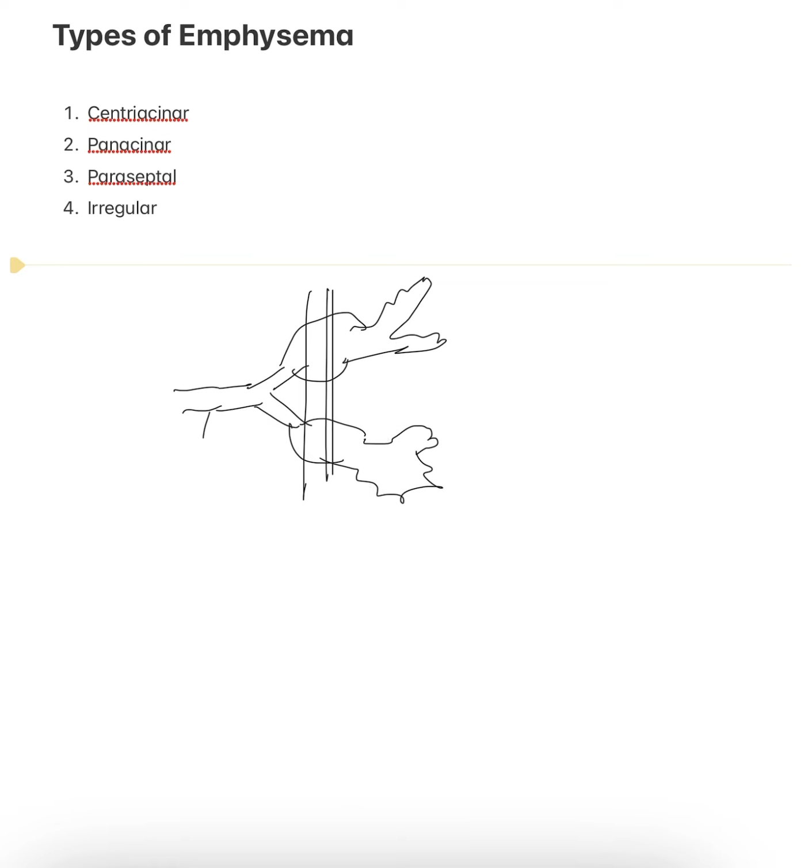The distal paraseptal emphysema is also known as distal septal emphysema or distal acinar emphysema. So in that case, the respiratory bronchioles are not affected, but the alveoli are affected.